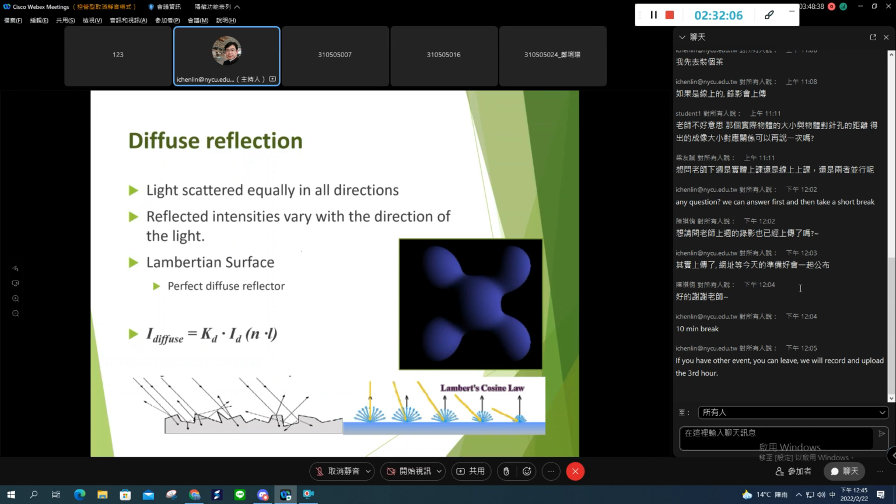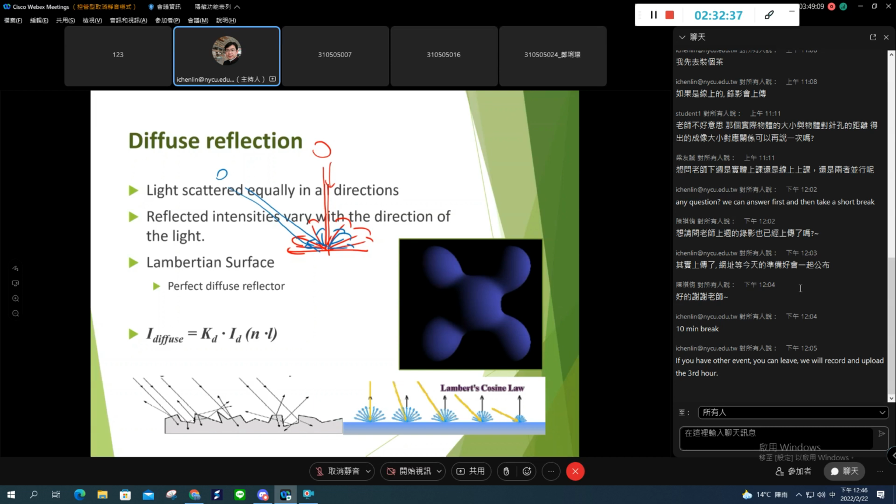For instance, if your light goes directly through the top here, it can go to all the directions. However, when you tilt your light, say for instance the blue one right here, even though it goes to all directions, the reflected light will become darker, or the intensity will not be that much.